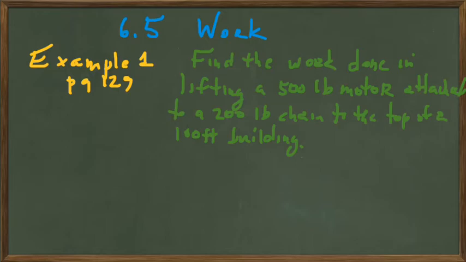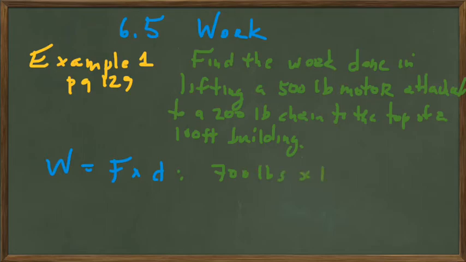So first let's note that the physics formula we're going to use is that work equals force times distance. And so in this case, a simple guess, which is incorrect, would be that the motor plus the chain weighs 700 pounds.